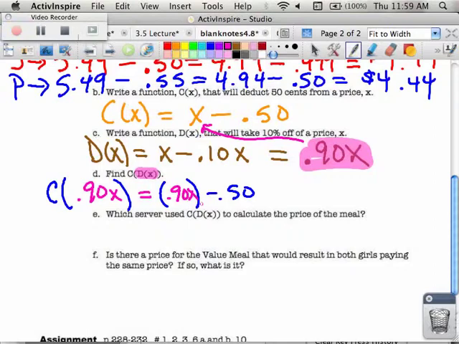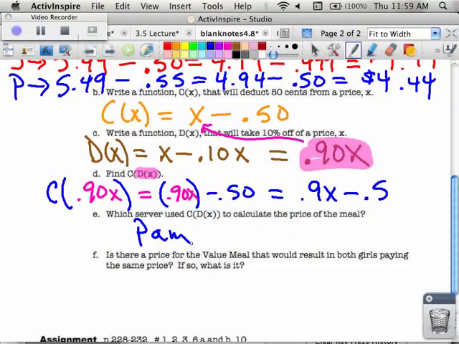If I have the c of d of x, it's 0.90x minus 0.50, or if I want to make it look a little bit nicer, 0.9x minus 0.5. That's another way to say it. And they're asking which server had that. And when we were looking at it, that was Pam. She had the better deal. And so Pam had this.